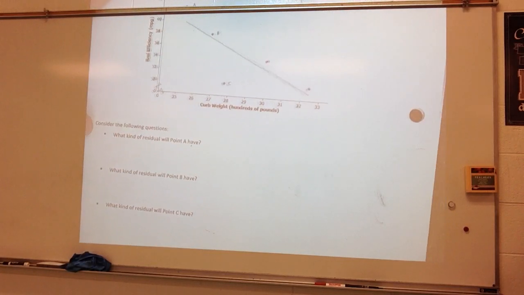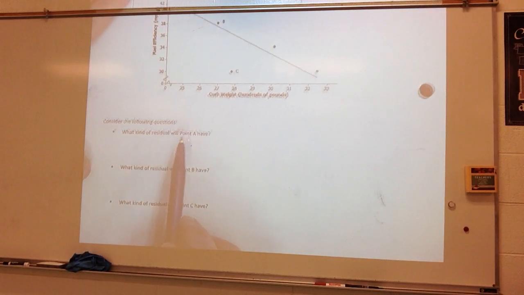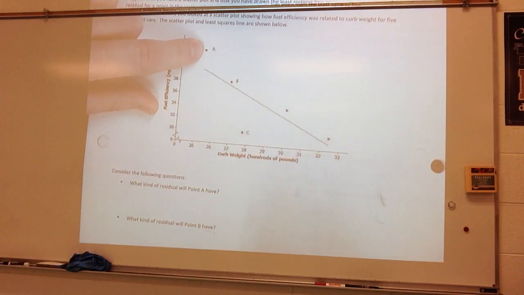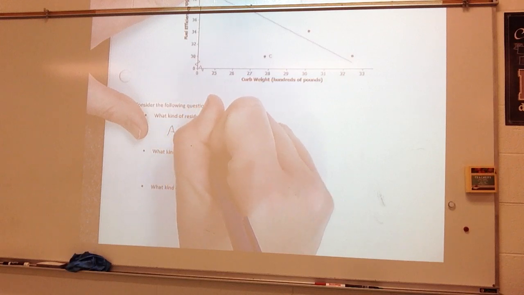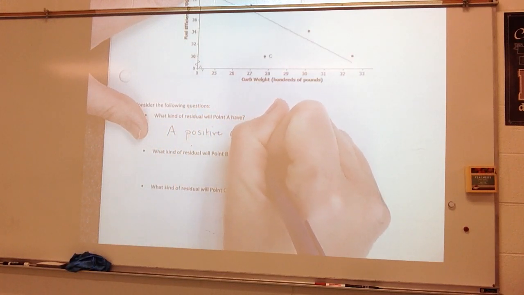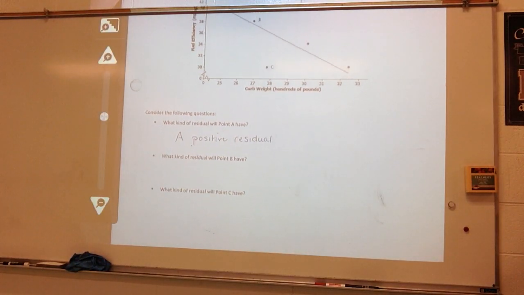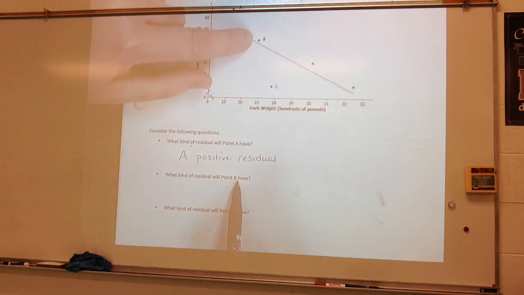Alright, so now let's answer some of these questions. What kind of residual will point A have? Well, looking at point A, it is going to be a positive residual because it is above our line. Question 2 says, what kind of residual will point B have?